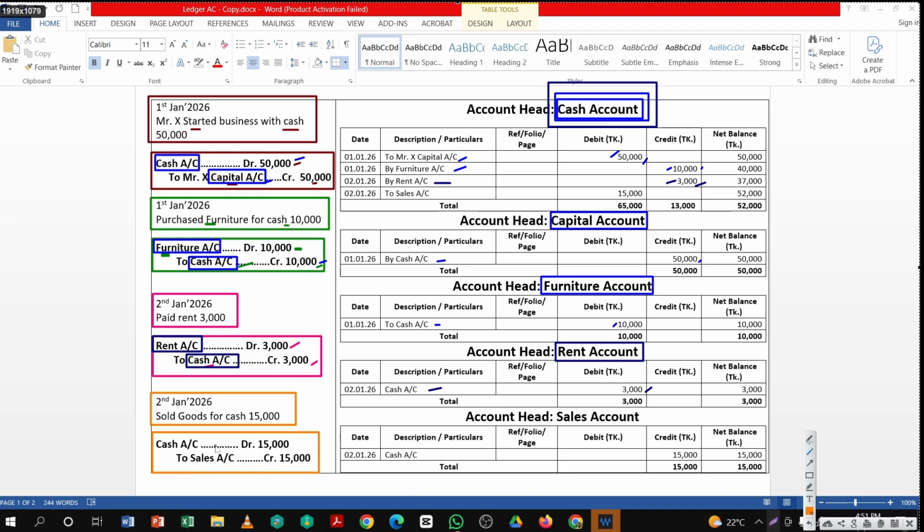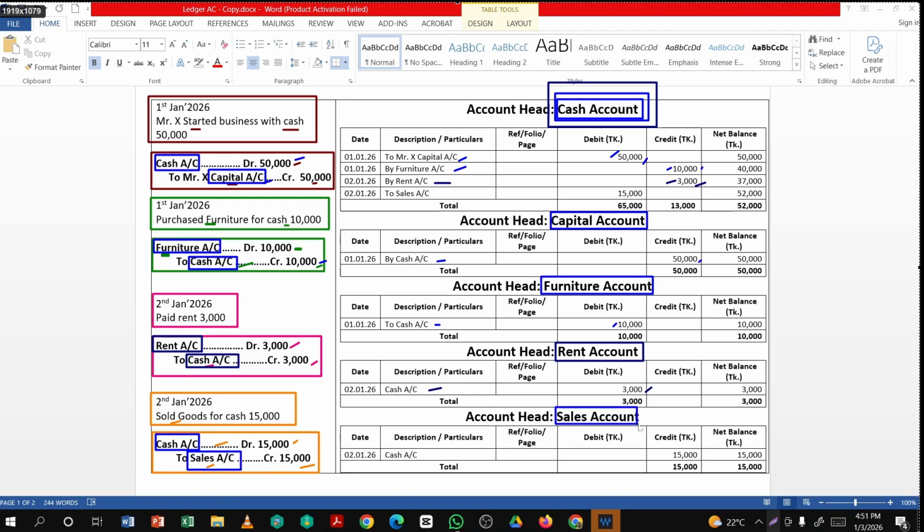Here cash increase taka 15,000 by sold goods, so cash account debit, and revenue increase by selling goods, so sales account credit taka 15,000. Here two ledger accounts, one is cash account and another is sales account.